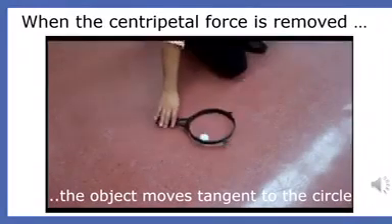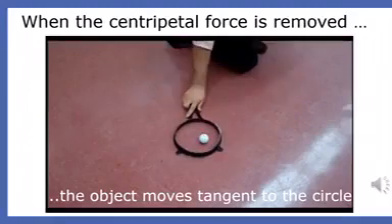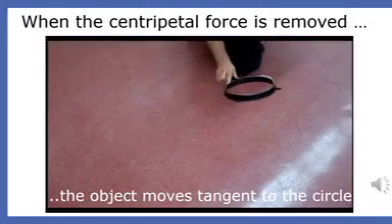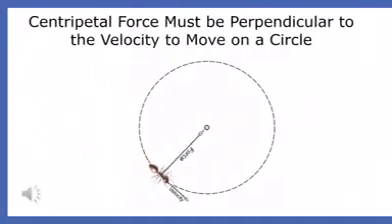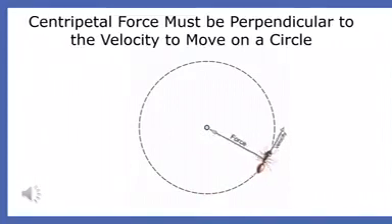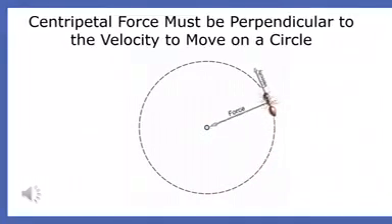When the centripetal force on an object is removed, the object moves in a straight line tangent to the circle. The centripetal force must always be perpendicular to the velocity for an object to move in a circle.